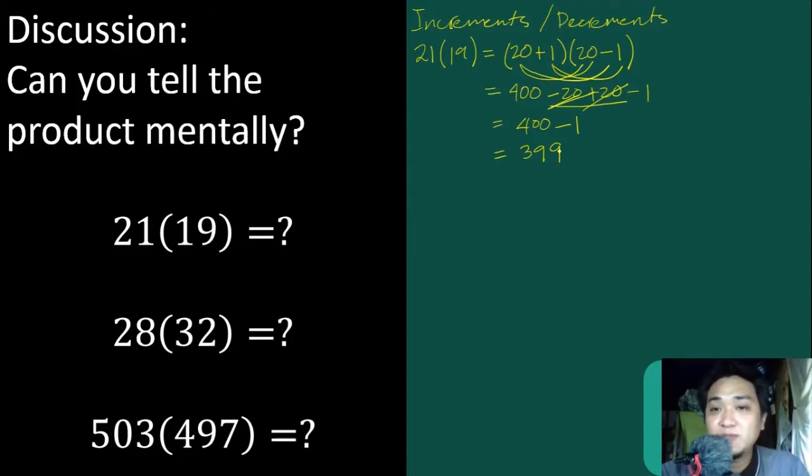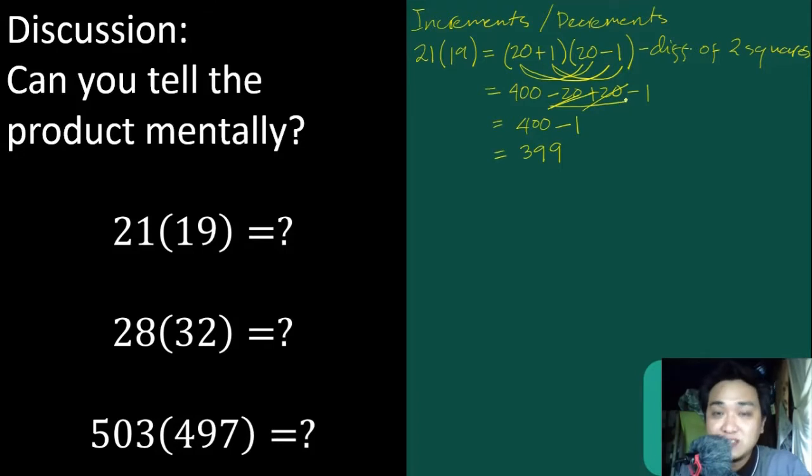So, kung mapapansin nyo, meron silang pattern na sinusunod. At yung pattern na to, it pertains to the difference of two squares. Which is mamaya, mas pagtutuunan pa natin ng pansin kung ano nga ba itsura ni the difference of two squares.